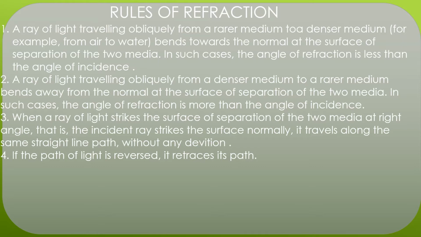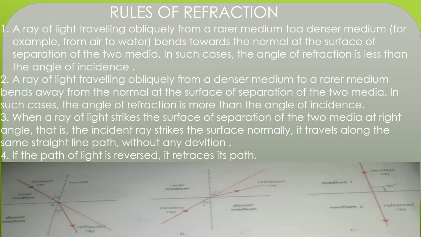In such cases, the angle of refraction is more than the angle of incidence. When a ray of light strikes the surface of separation of the two media at a right angle, that is, the incident ray strikes the surface normally, it travels along the same straight line path without any deviation. If the path of light is reversed, it retraces its path.